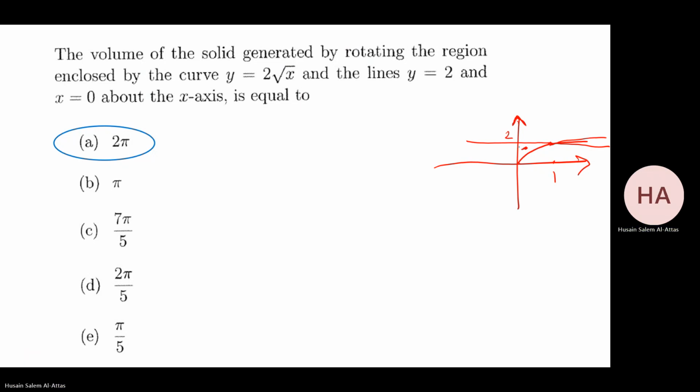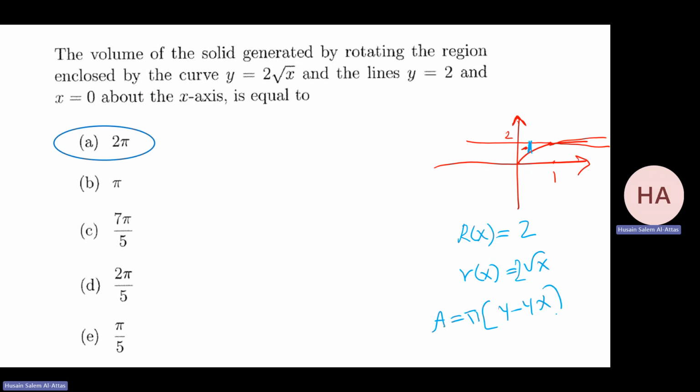So this is my line. The outer radius will be 2, and the inner radius will be 2 square root of x, the function. So the area will be pi times 4 minus 4x.